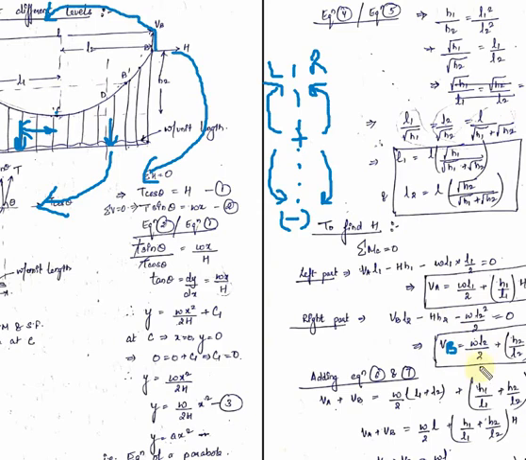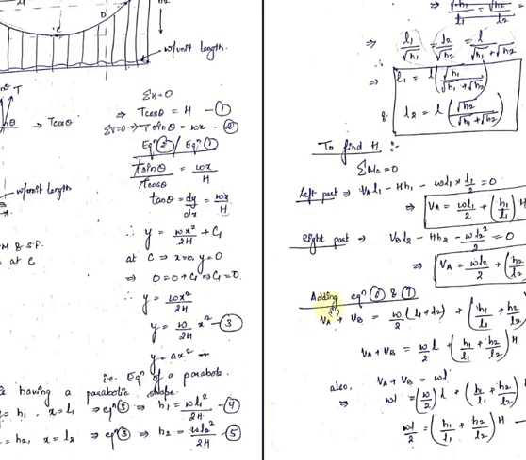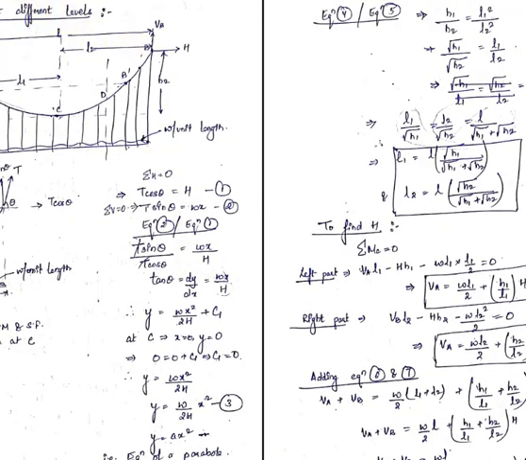Now adding these two terms, we will get VA plus VB equal to this. We also know that if I apply summation of all the vertical forces in this cable, I will get VA plus VB equal to W into L. How?